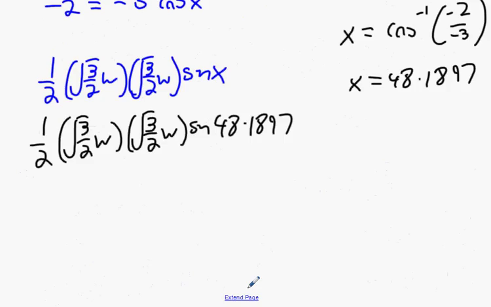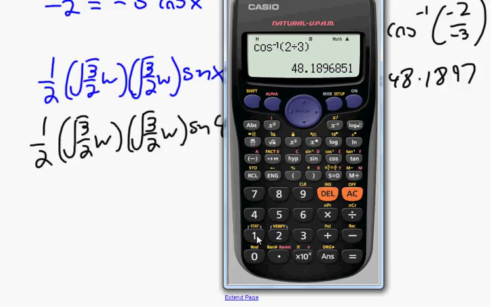So look at this. It's a half. Just ignore the W's. So a half root 3 over 2, root 3 over 2. Nope. And what's the other one then? Sine 48.1897.